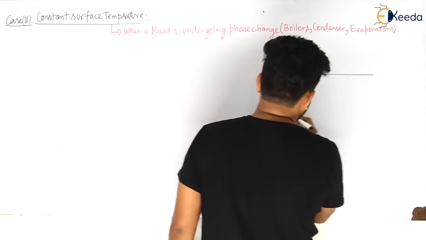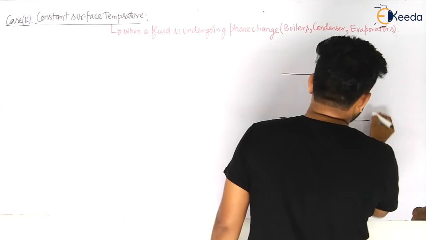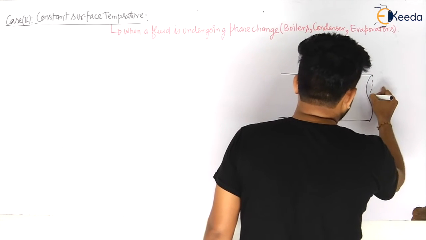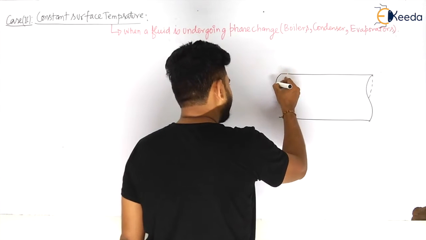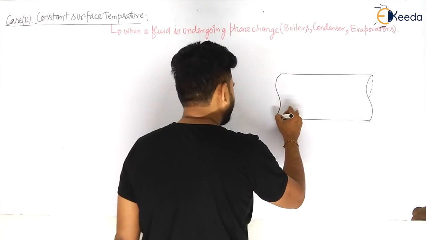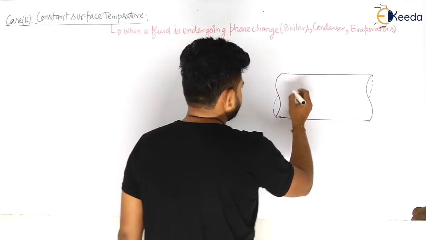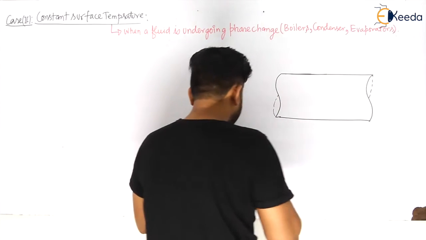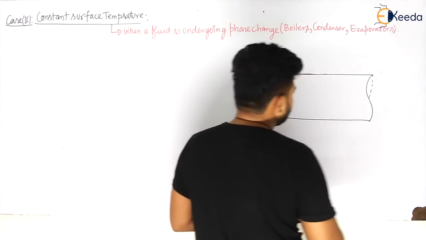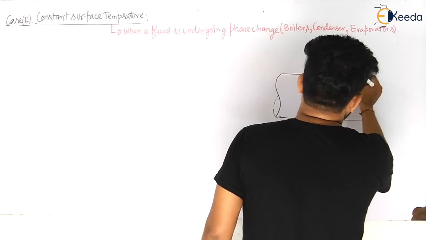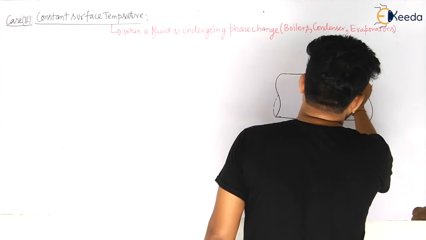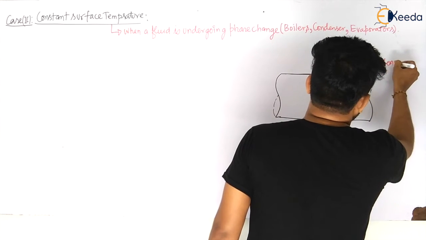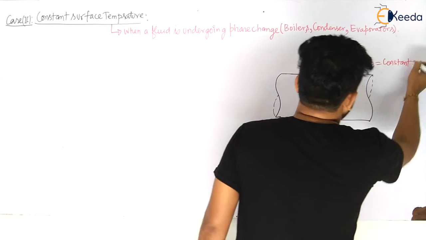Let us consider a pipe, my dear students, and this pipe now has a constant surface temperature. So the temperature of this pipe is Ts equal to constant now.